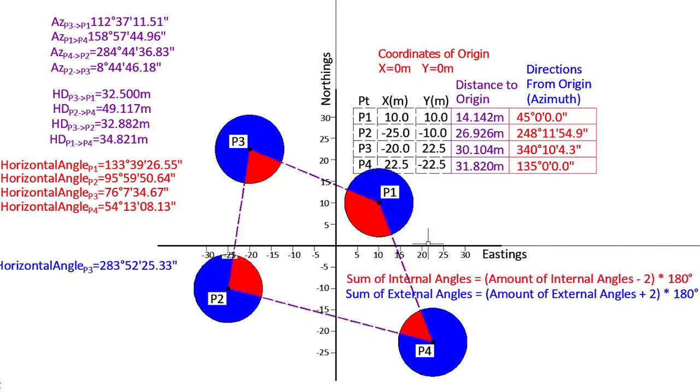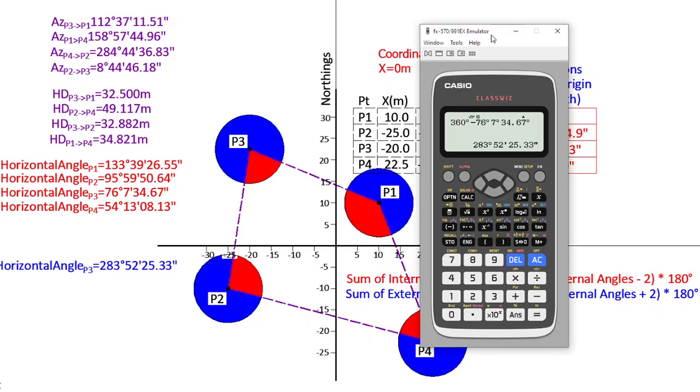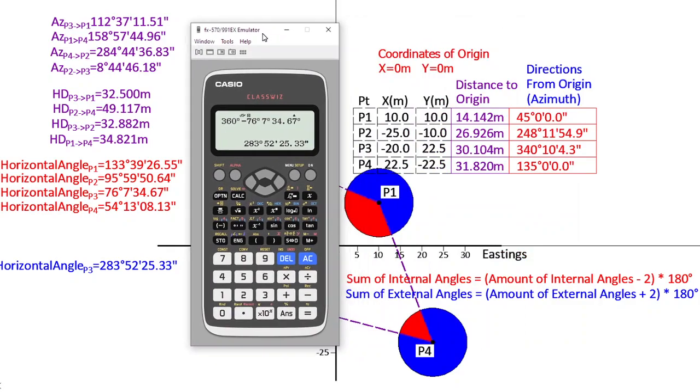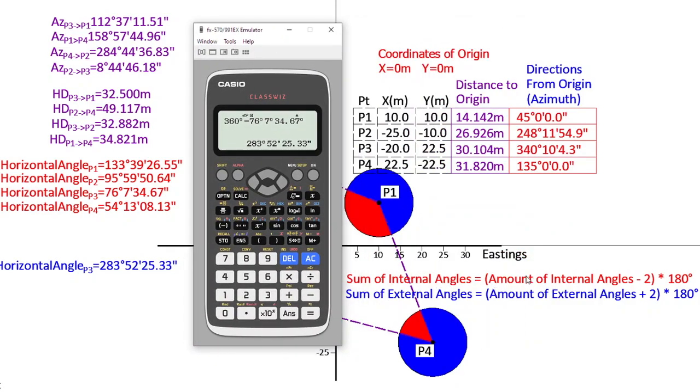I have a quadrilateral here. I know that I have 1, 2, 3, and 4 angles. So I just look for my calculator here, and then I apply the formula, this one.